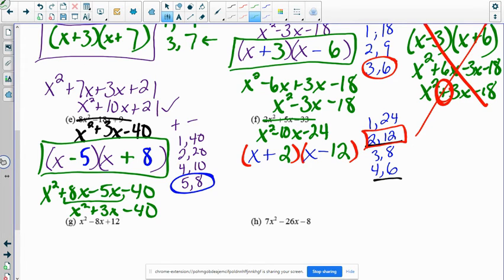All right, if you happen to pick the wrong order, all you're going to need to do is check your work and see how close you get. If you're off by just a middle sign, reverse your numbers. All right, and you have to be patient with these because you really want to get them correct.